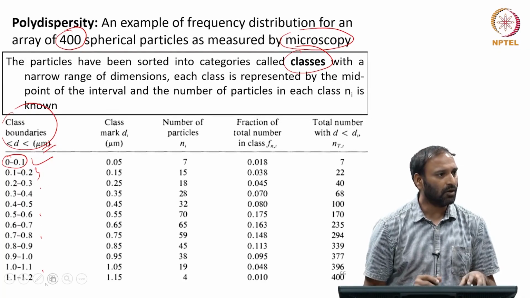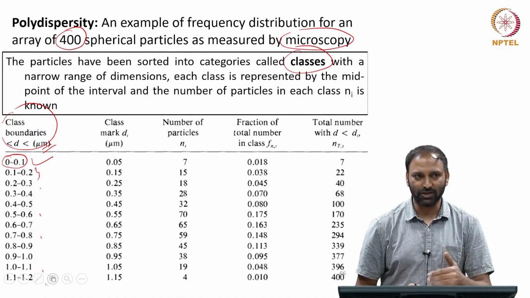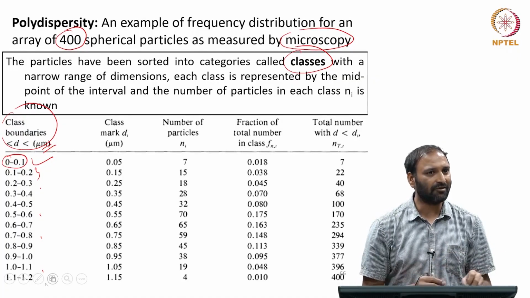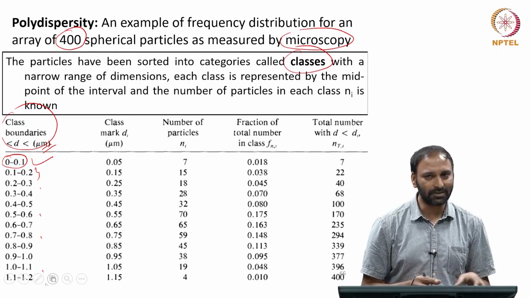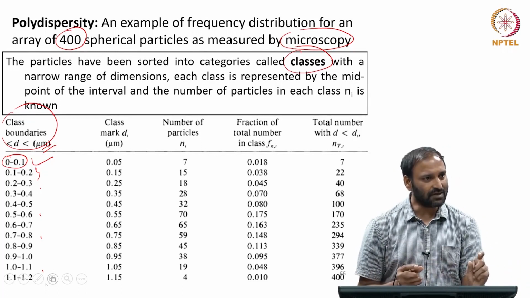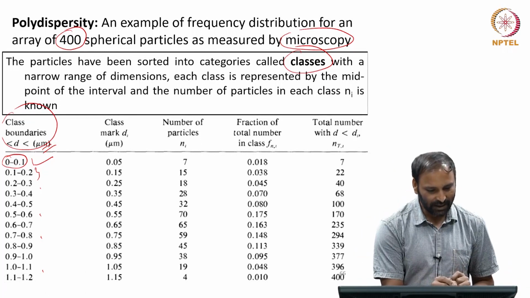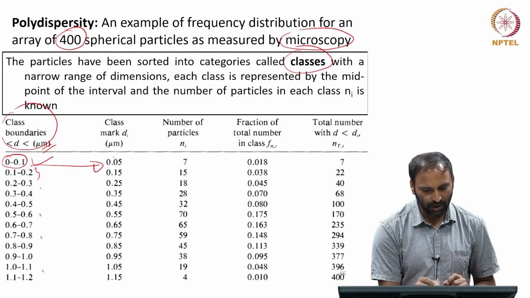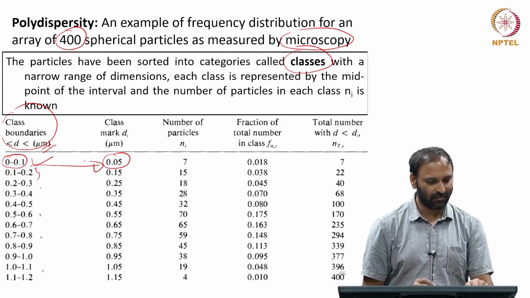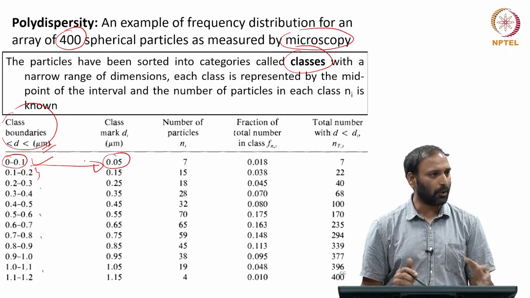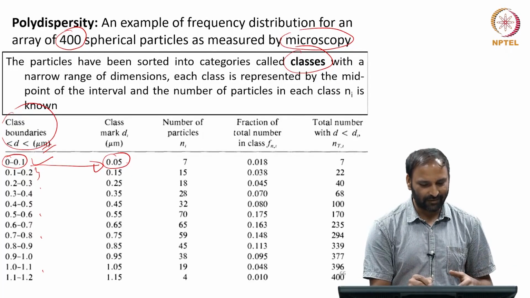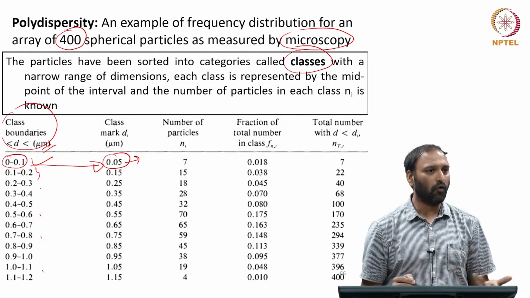So out of all the sizes that you have measured, you classify them into different bins, or classes of some size range, and corresponding to that class or bin you are going to have an average size. So if 0 to 0.1 is your bin, then your average size is going to be 0.05 micrometer.